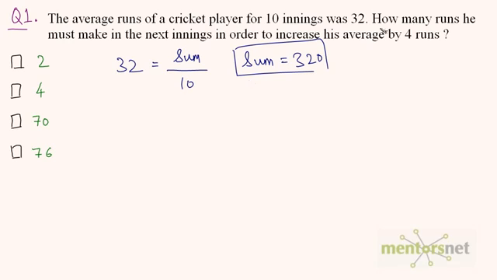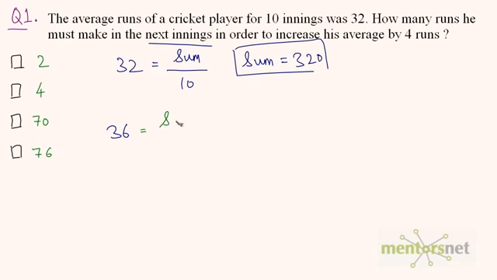Now to the next part of this question: how many runs he must make in the next innings in order to increase his average by 4 runs, which means that the average is now 32 plus 4 runs, which is 36 runs, which is equal to, we know the formula, sum upon the count.